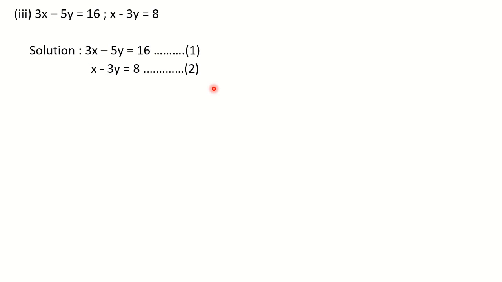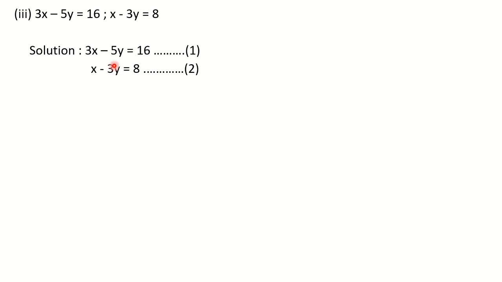Now the next step is to observe the coefficients of the variables. Observe the coefficient of x. Here it is 3 and here it is 1. Also observe the coefficients of y. Here it is minus 5 and here it is minus 3. Now we need to equate any one coefficient. Then and only then can we eliminate the variable.